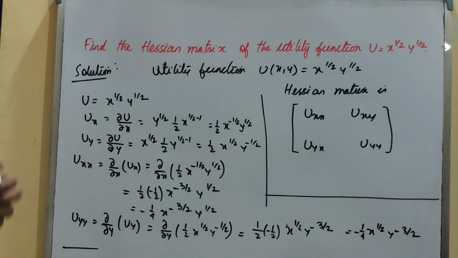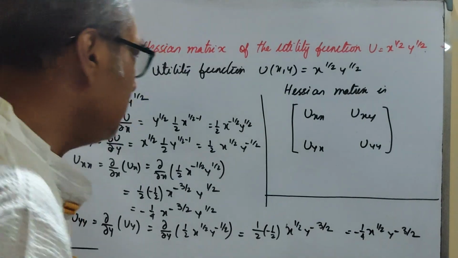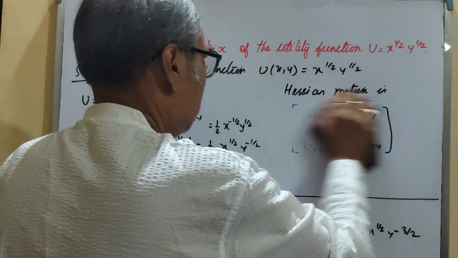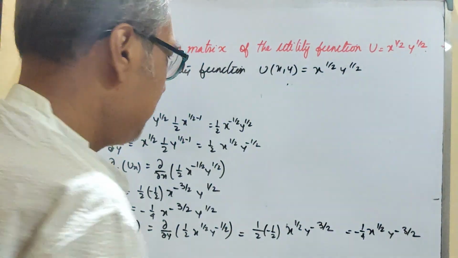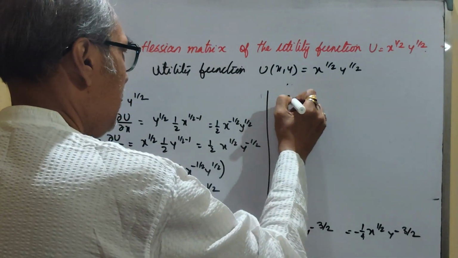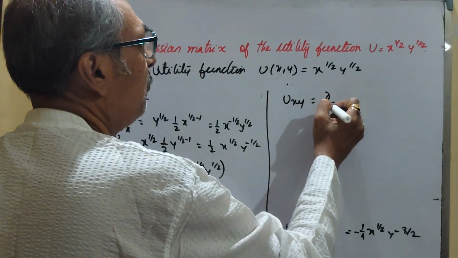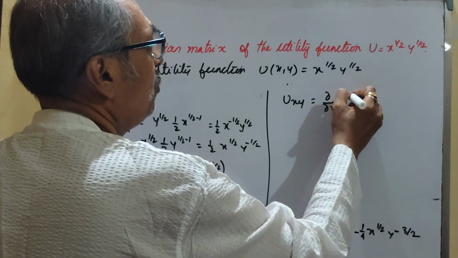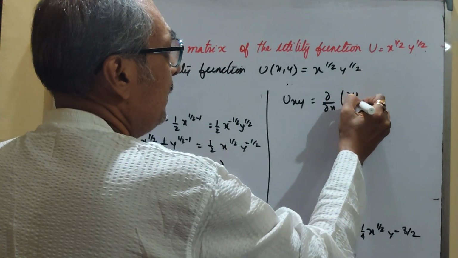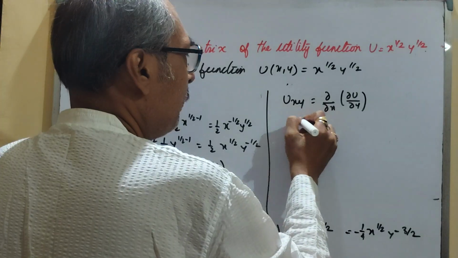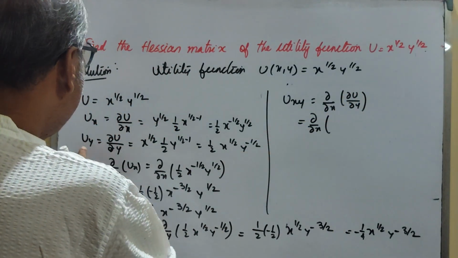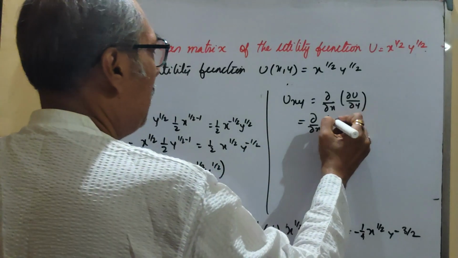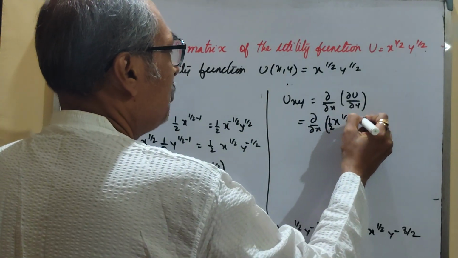Now we calculate uxy. uxy is del of del x into del u by del y. We substitute the value of del u by del y, which is uy, that is half x to the power half y to the power minus half.